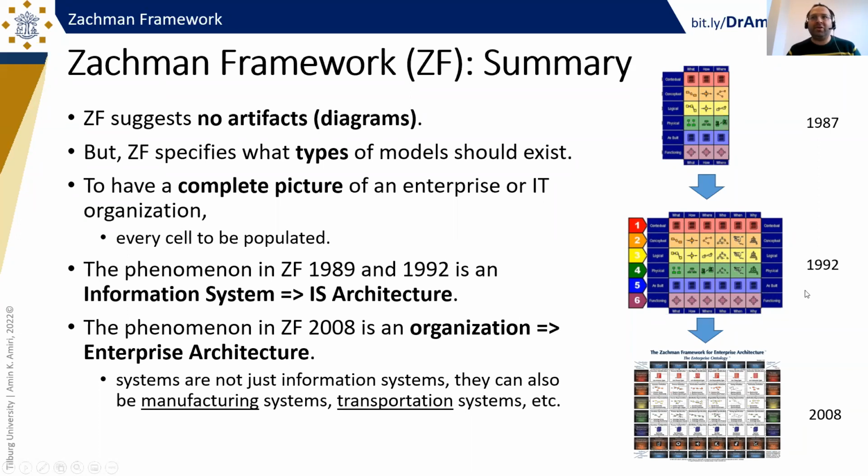But later, he noticed that this can also be true for the entire organization and all the systems inside that organization, not just information systems, but also manufacturing systems, transportation systems, and so on and so forth. So he said that from now on, I call this enterprise architecture. And these are the models that you need to create so that you can understand all the systems in that organization and the organization itself.